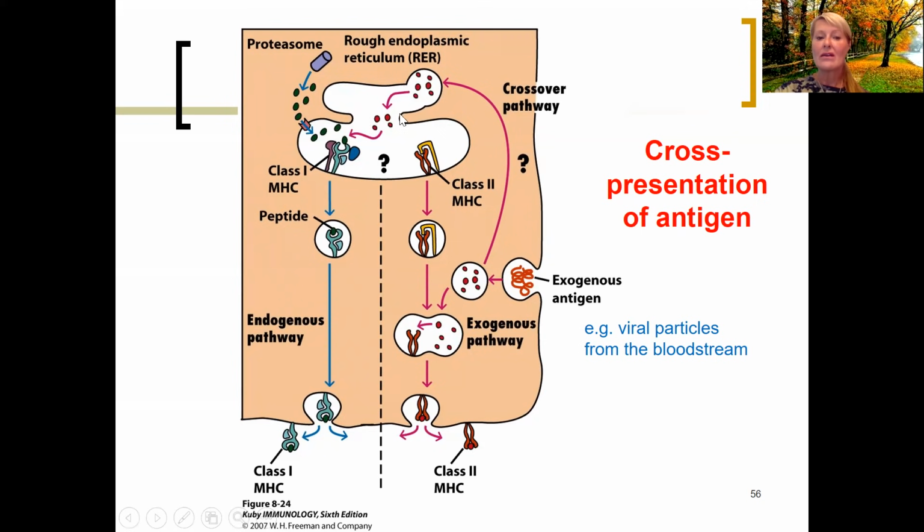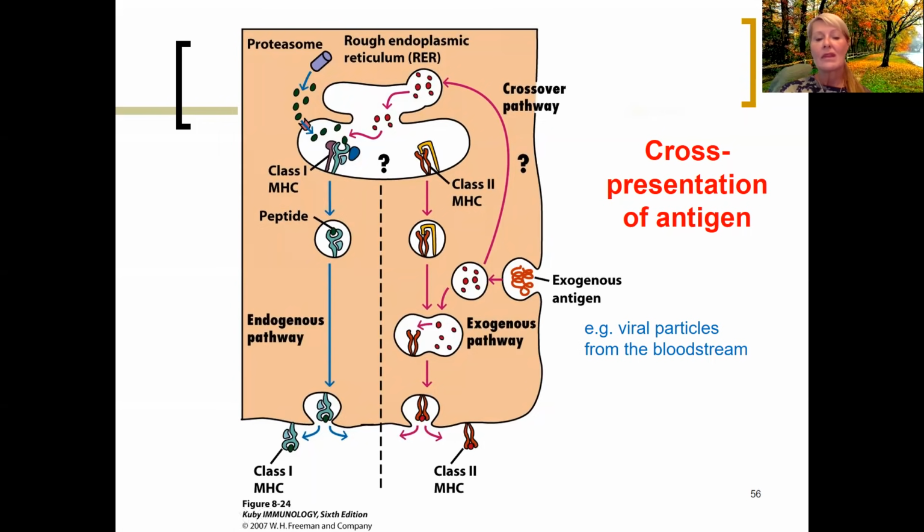So once they're in there, now they are free to load onto these MHC class 1. This is the crossover pathway. And so what this means in practical terms is that if this is a viral infection, you're going to get both cytotoxic T cells activated and you're going to get the T helper cells activated. And that's ideal. That's what you want.